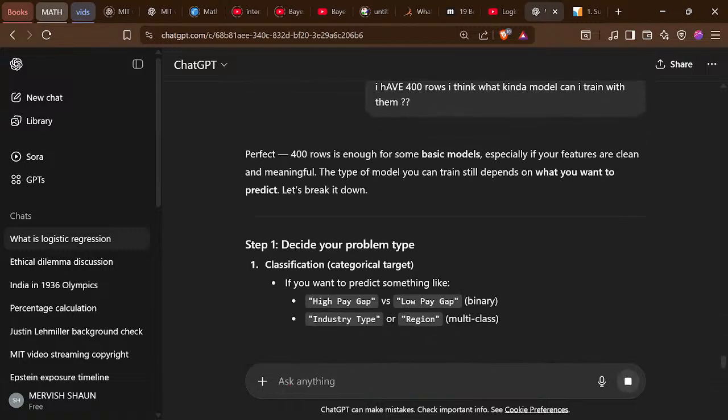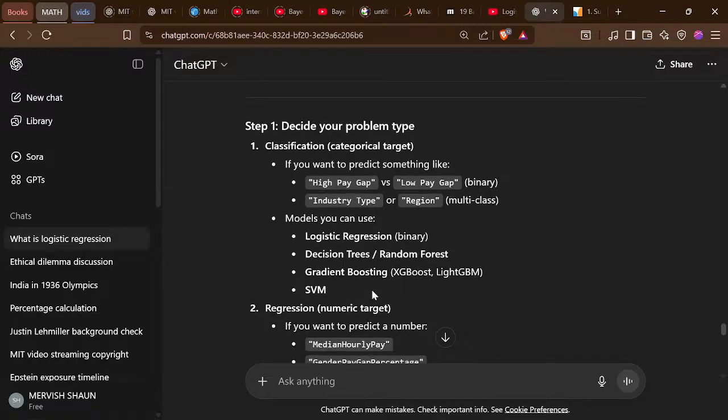Perfect. Okay, step 1, decide your problem. Industry type. I mean, yeah, what am I actually looking for? So let's say your models, you can use logistic regression.